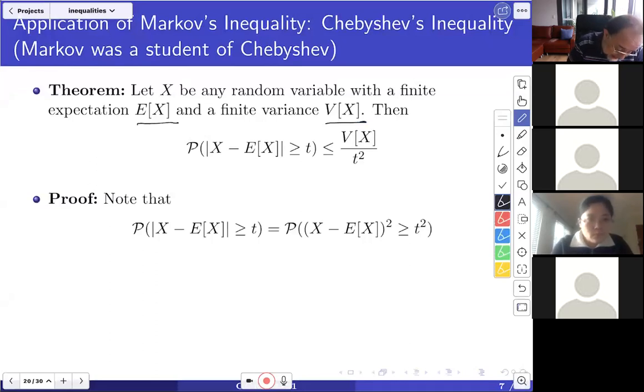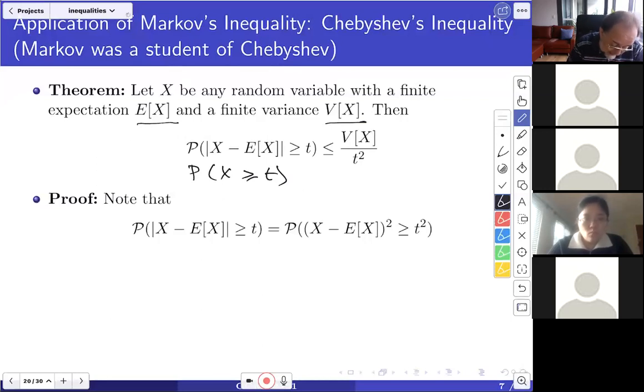Then, rather than having probability of x bigger or equal than t, what we had in Markov, we actually have something much more useful, namely this side is the absolute value of x minus expected value of x.